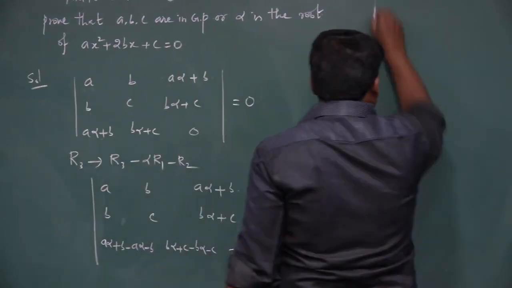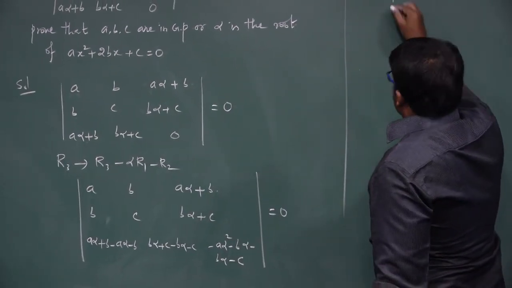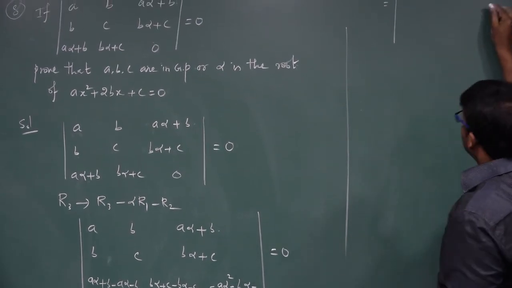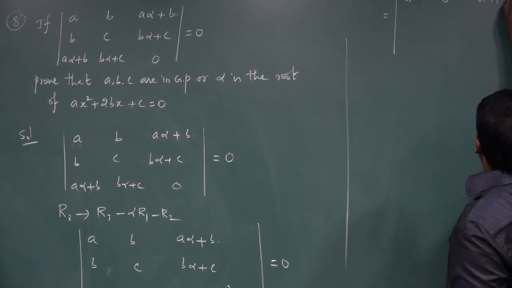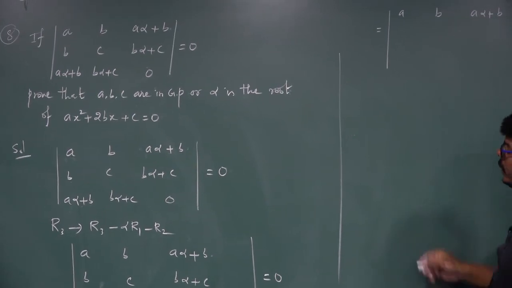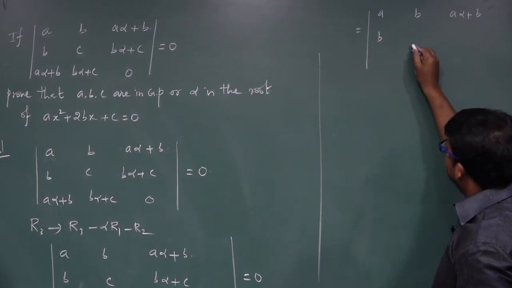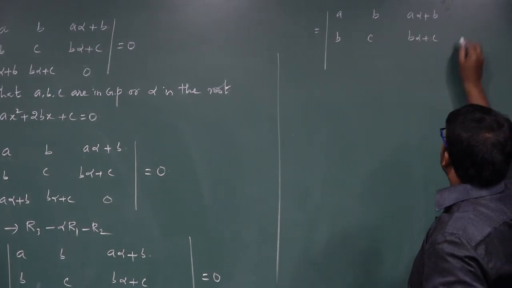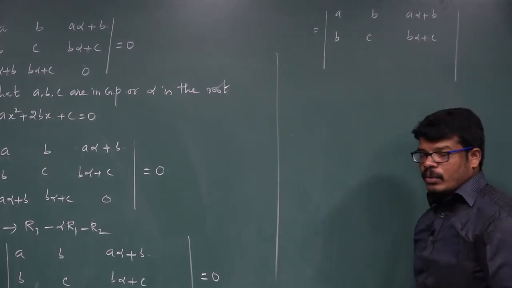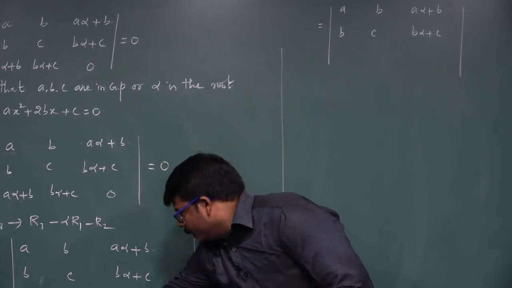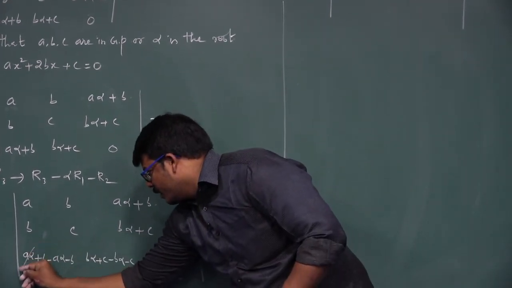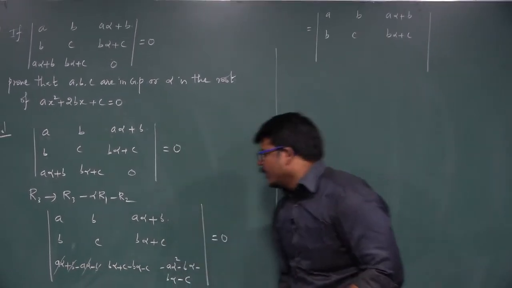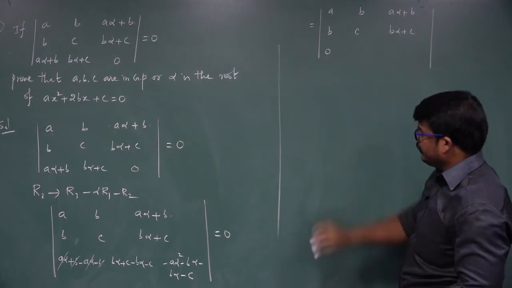This is equal to first row as it is A alpha plus B. Second row as it is B alpha plus C. And the third row: A alpha minus A alpha cancel, plus B minus B cancel, the value is 0.